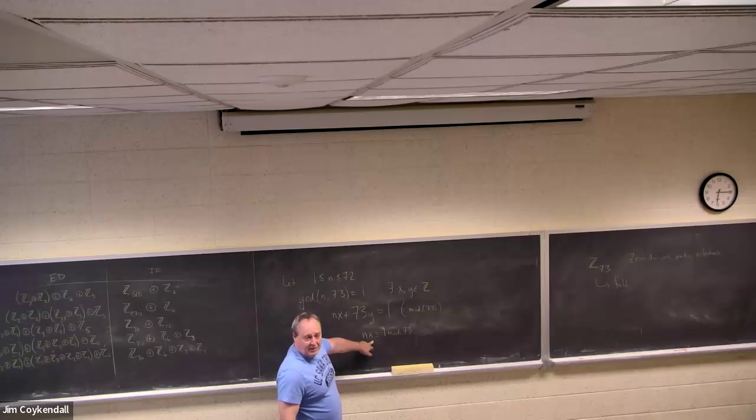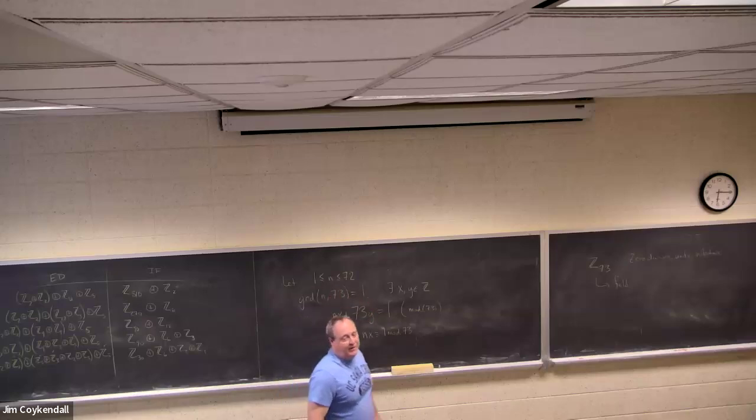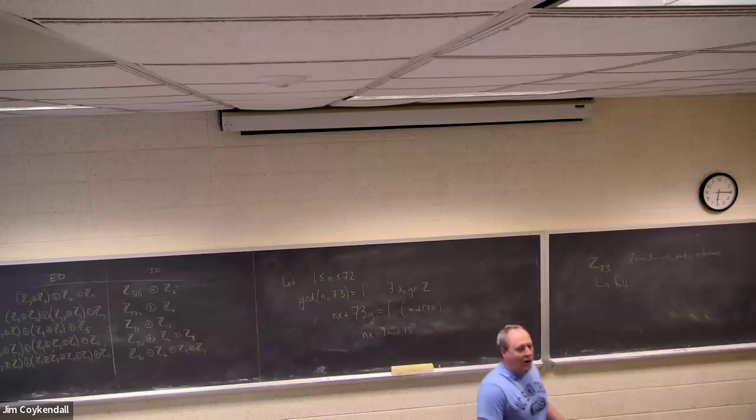That means that in Z73, every one of these numbers between 1 and 72 is a unit. They all have a multiplicative inverse. So it's a field. There are 72 units, and basically everything else is 0. There's 1 nilpotent, it's 0. There's 1 zero divisor, it's 0.